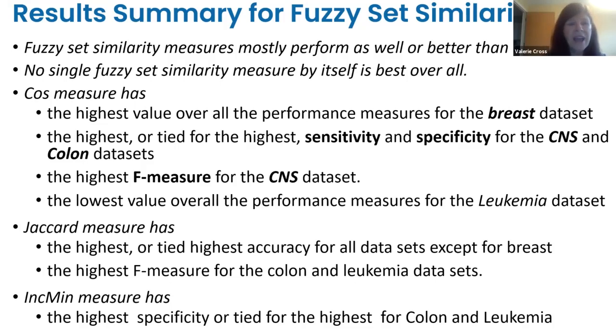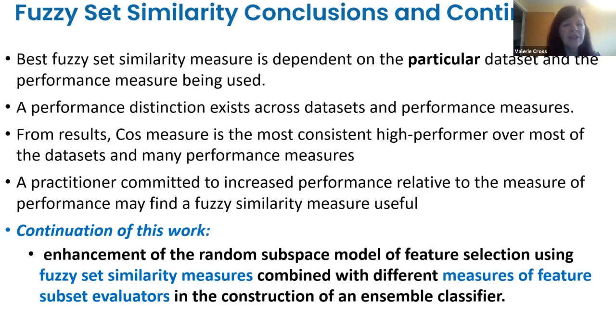So we looked at that and we summarized it. Really it's dependent on the particular data set and the performance measure. A distinction exists across the data sets and performance measures. Cosine seemed to be the most consistent high performer over the data sets in many of the performance measures.